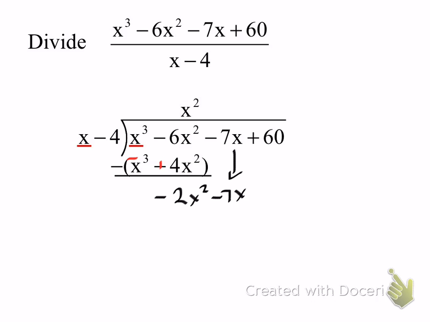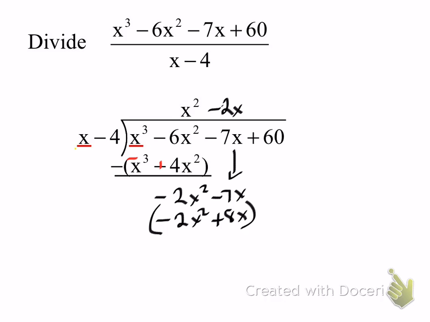Now, one more time, what do I multiply x by to get negative 2x squared? Negative 2x, and I get negative 2x squared, and then plus 8x.